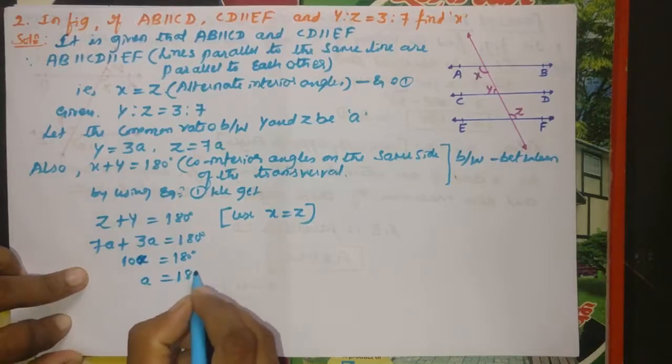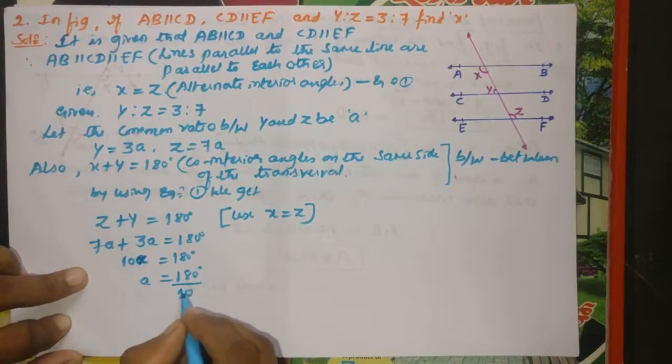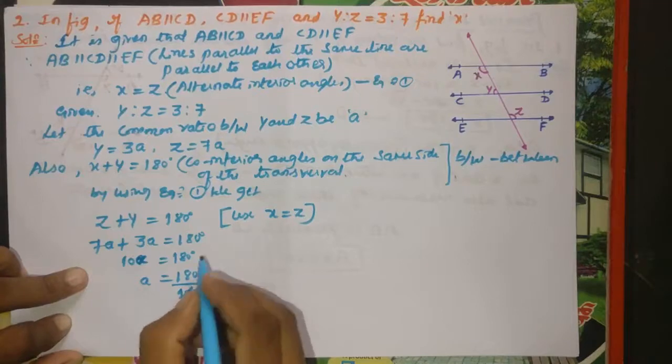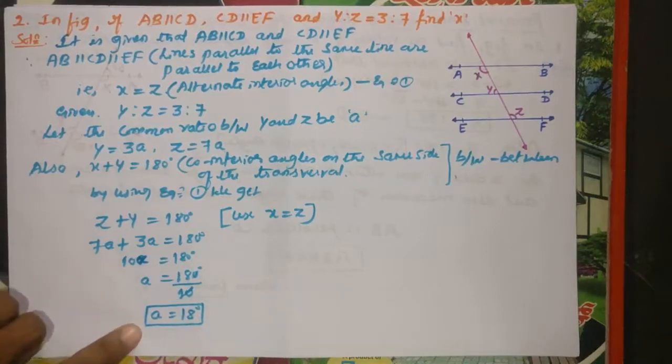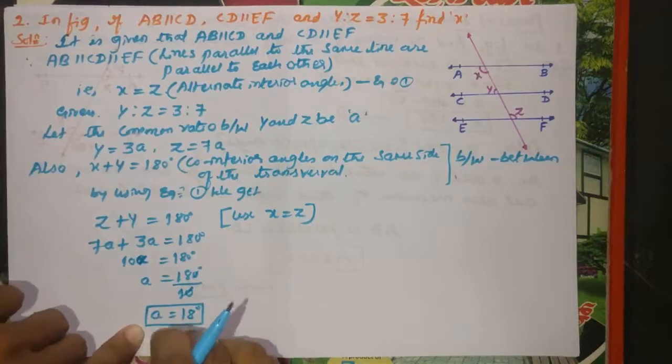A is equal to 180 degrees divided by 10, that is 18 degrees. So A is equal to 18 degrees.